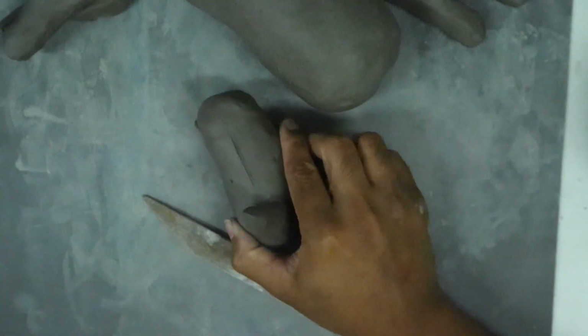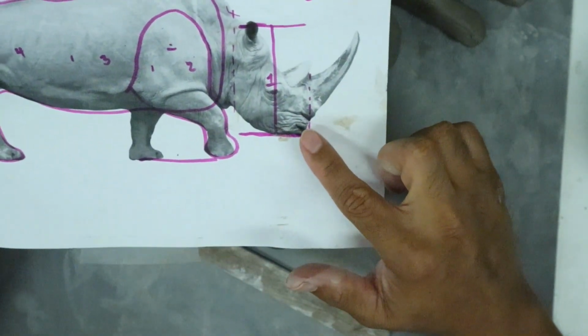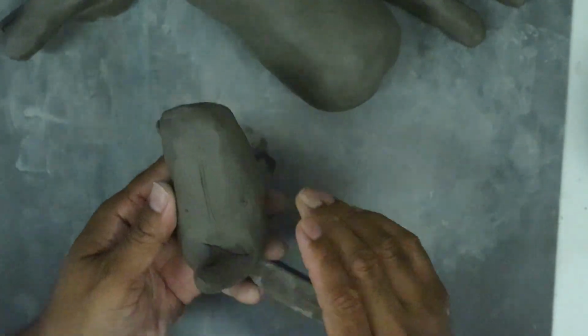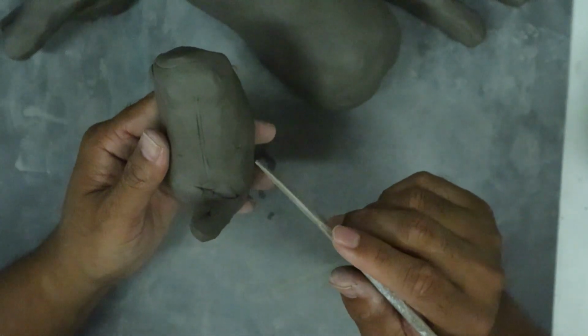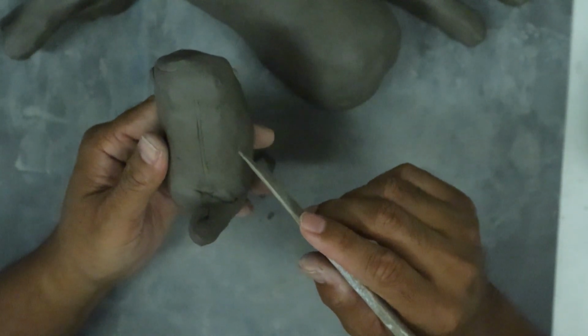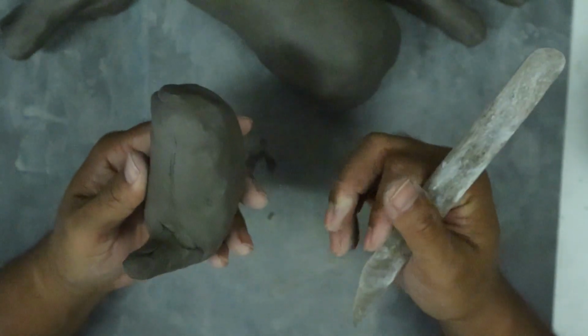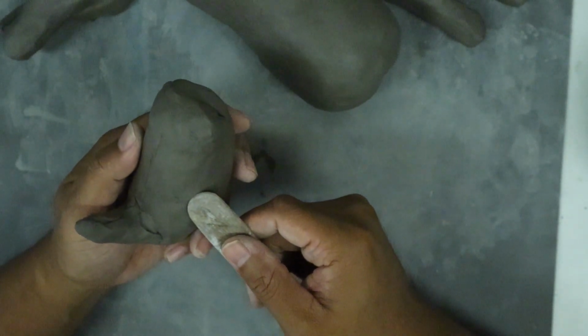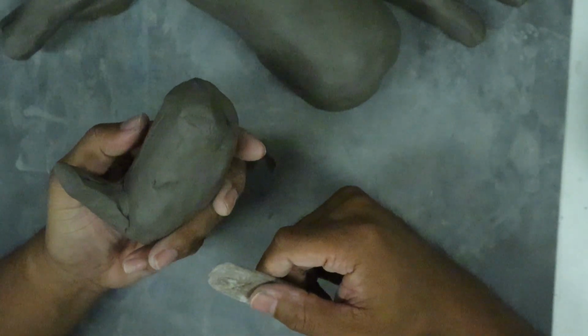Now, the observation I want to make about the eyes is that on the side view, the eyes are on the side of the head. So if I'm sculpting and making information up and I put the eyes on the front, not on the side of the head, then this rhino begins to not look like a rhino. I'm just relying on my memory, all right?